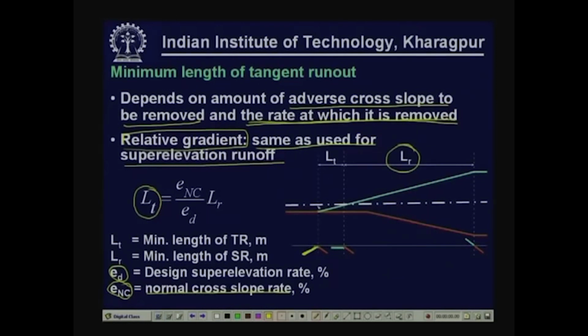One can also consider these two similar triangles, this is one and this is another one. So, if this is the length required for ED design super elevation, then the length required to remove this normal cross slope is decided, that is LT. That way one can calculate the minimum length of tangent runout.